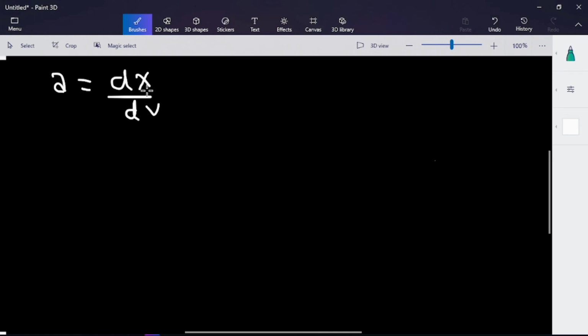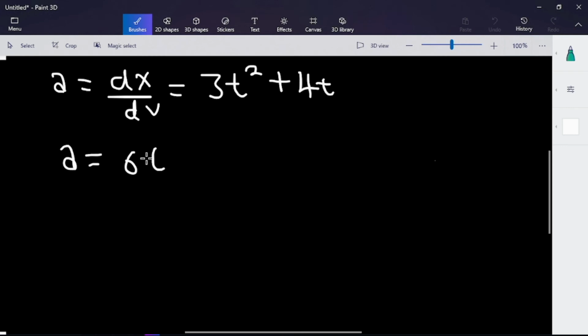So this is just going to be equal to the expression that we are given for velocity, which is that right there, plus 4t. So now let's differentiate this, and so for acceleration, once we differentiate that, we're going to have 6t plus 4, because this 2 will come to the front and multiply and get a 6, and then be reduced by power 1.